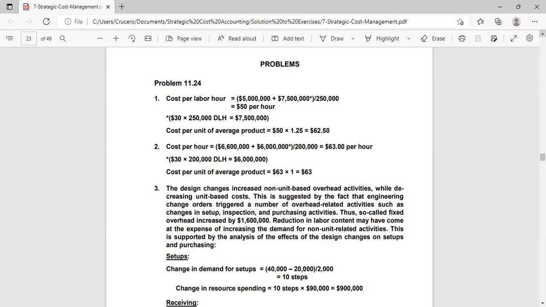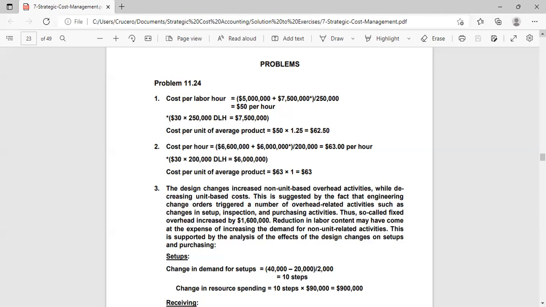The equation is supported by a coefficient of determination of 60%. Y is equal to 5 million plus 0.31x, where x is the direct labor hours. Okay, the variable rate of 30, that's 30x by the way. The variable rate of 30 is broken down as follows. Direct labor 9, variable overhead 5, direct material 16.